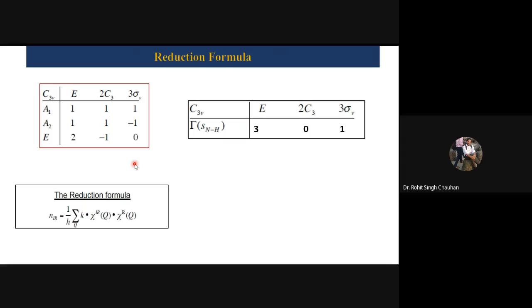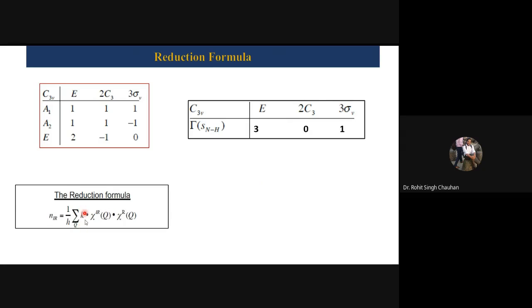Now, see, this is the character table of C3V point group. This one you have calculated. Just now you have calculated that in case of C3V, through the NH bonds, how many bonds are going to be unshifted during the symmetry element. And this is the reduction formula which I have taught you in the second lecture. Here, if you see, this K is present.